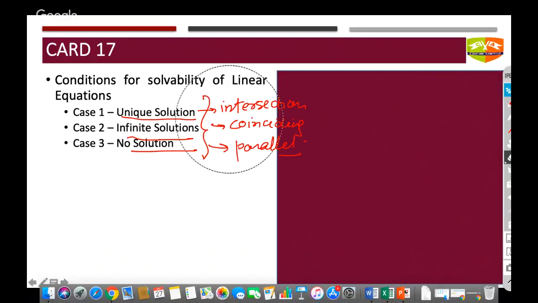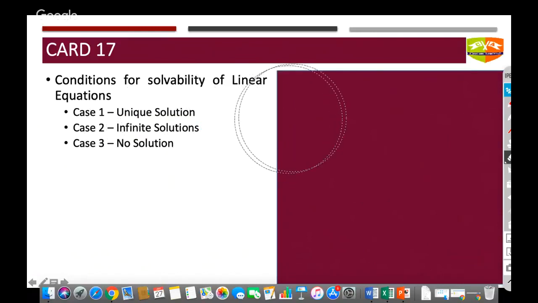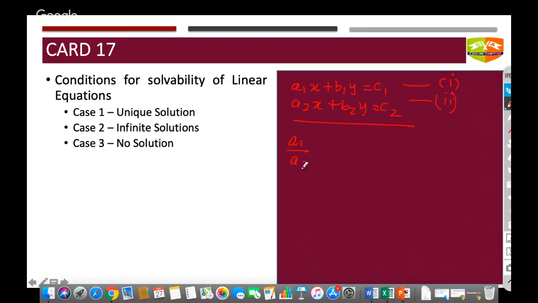So for that I'm giving you conditions now. I take two equations, a1x plus b1y is equal to c1, this is equation 1, and a2x plus b2y is equal to c2, this is equation 2.